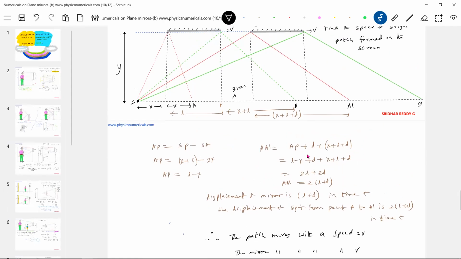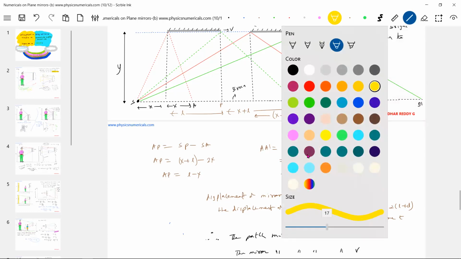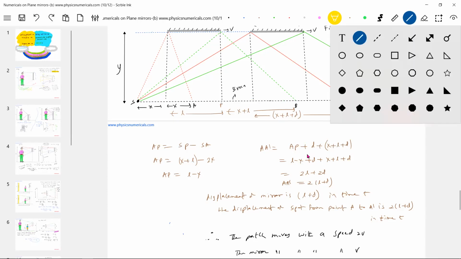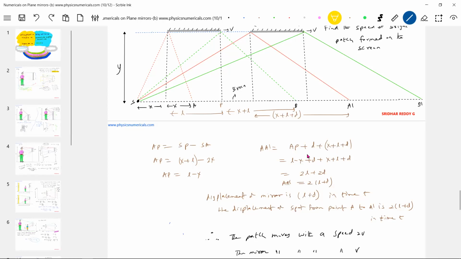Again, the ray diagram is very, very important. The patch, in fact, will move. What is the patch, sir? I'll show the patch. The patch earlier was this much. This was the patch.